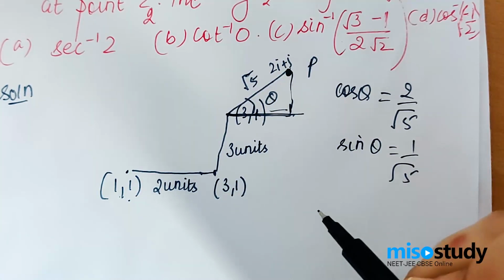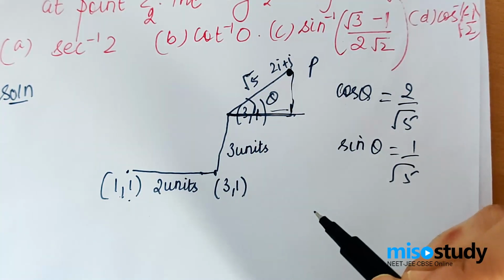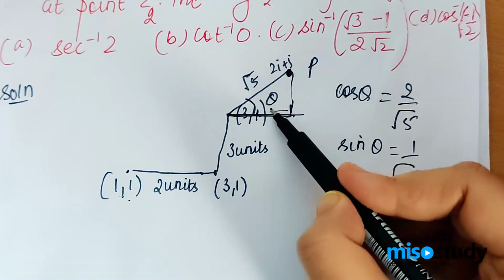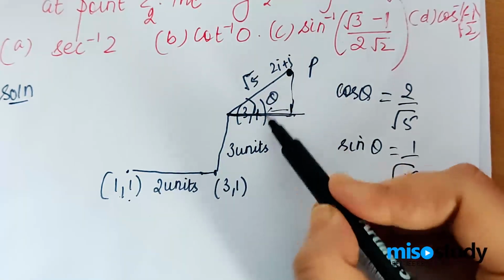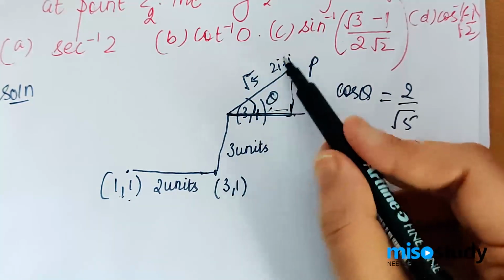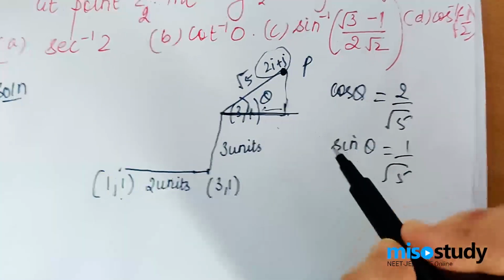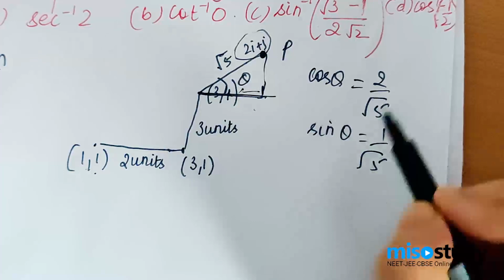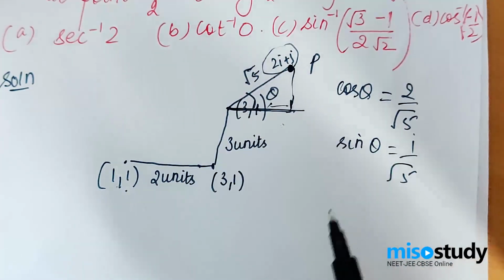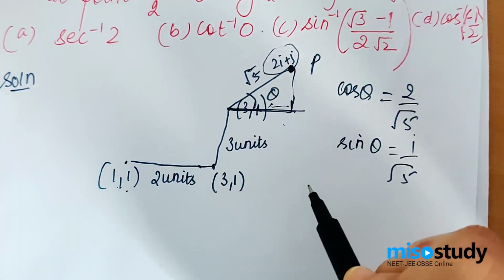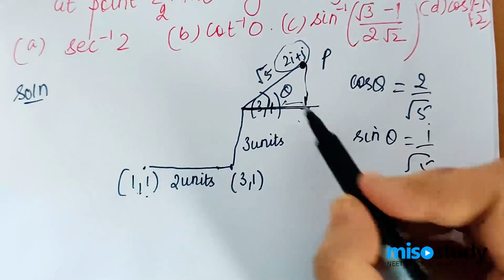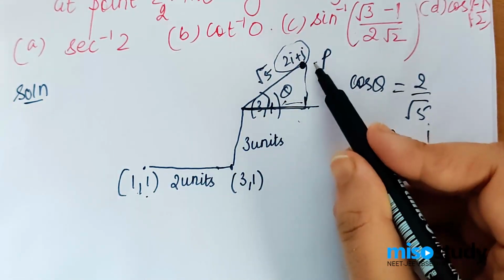Can you please think of it? Are you understanding what I'm trying to say? Since I know theta, I have calculated it because the direction is given as the direction of vector 2i plus j. From there I evaluated that cos theta is 2 by root 5 and sin theta is 1 by root 5. So could you please think over how you can find the point P?